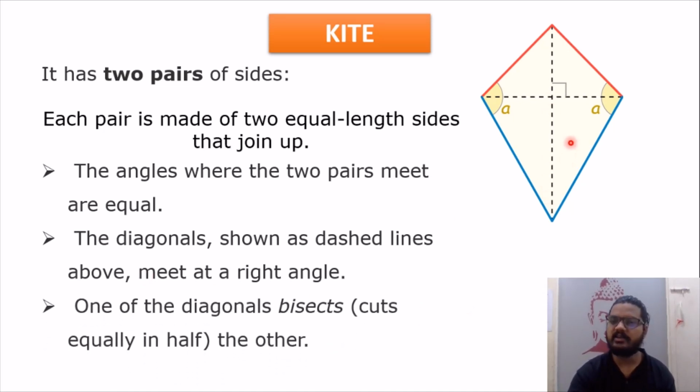Only one of the diagonals bisects into equal halves, not the other one. So you can observe this one is bisected but this one is not. When I say bisected, that means it is divided into two equal halves. You can see this half is equal to this half, but this half is not equal to this half. Therefore always remember, only one diagonal is bisected, the other diagonal is not.